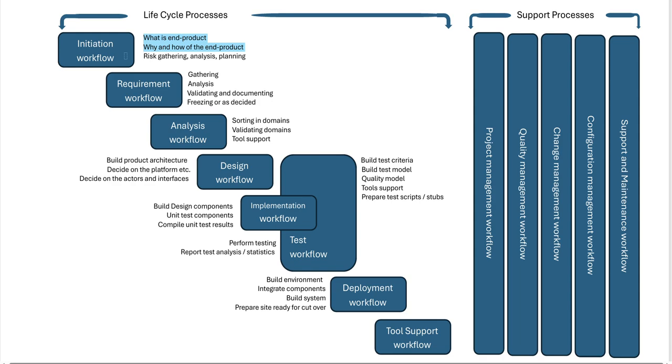We cannot gather or calculate all the risk here. We are just calculating the high level risk and creating the contingency and mitigation plan for those risks. Risk happens throughout, and in the initiation workflow we create the high level risk.